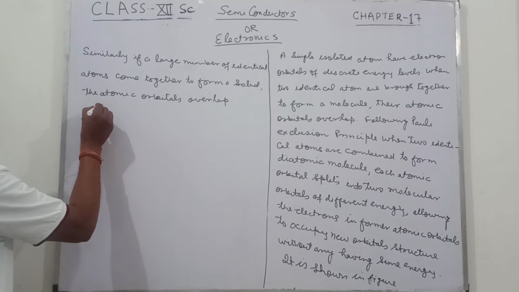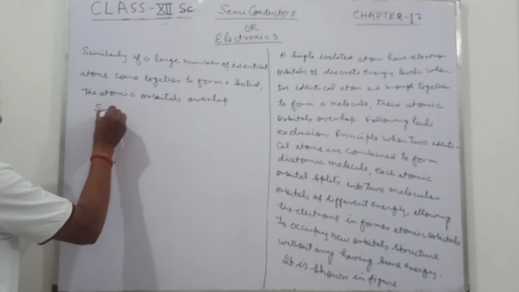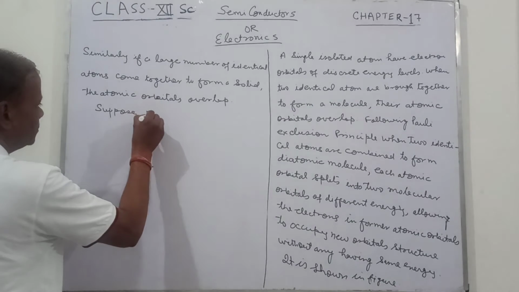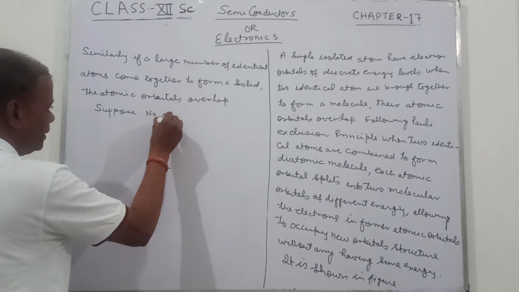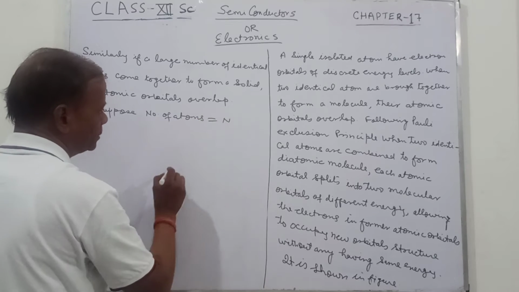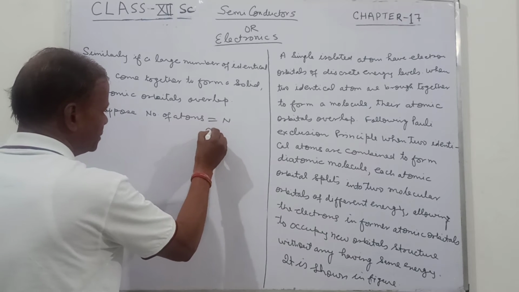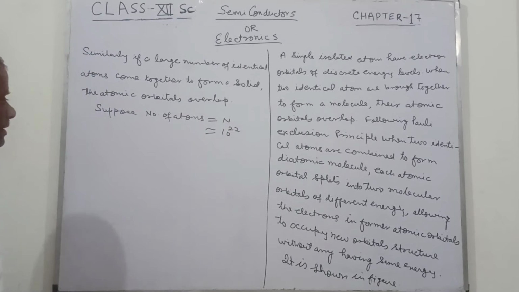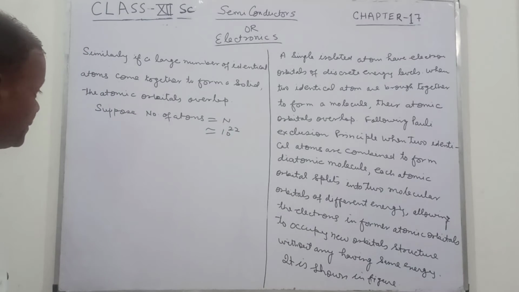Suppose the number of atoms is equal to n, and we take 10 raised to the power 22, that is 1 mole of substance, we can take it.